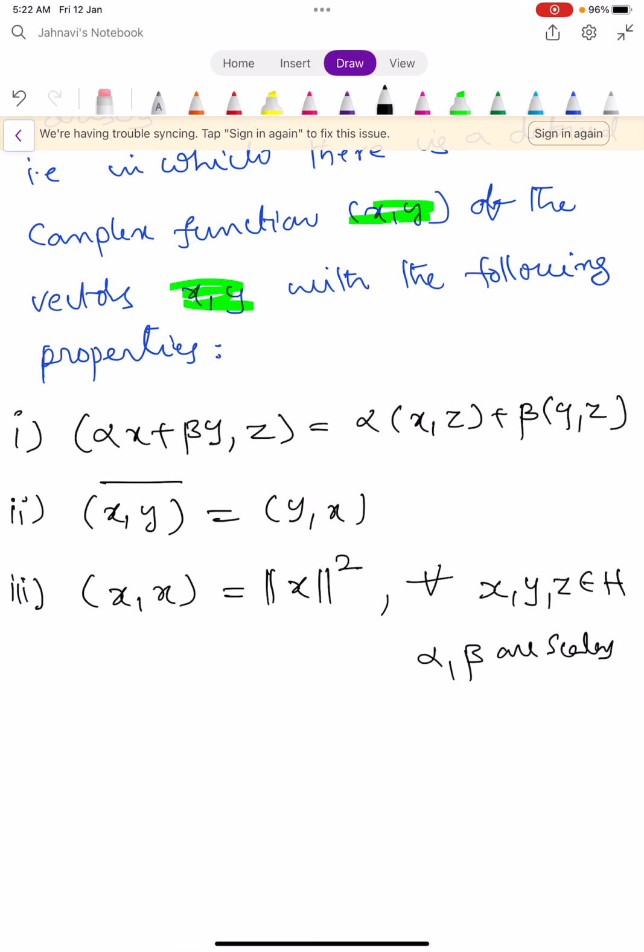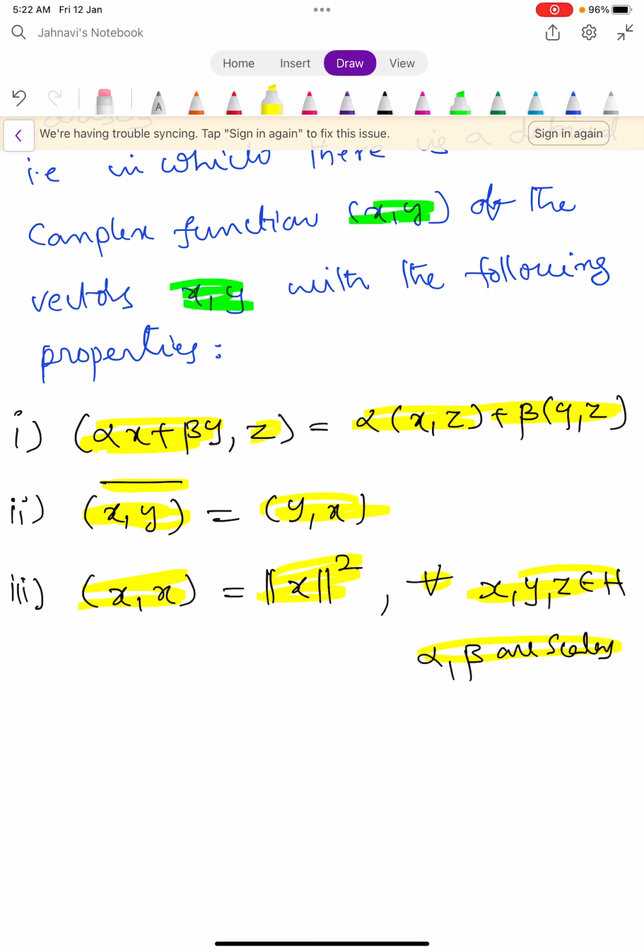The first one: inner product of alpha x plus beta y comma z is equal to alpha into inner product of x comma z plus beta into inner product of y comma z. Inner product of x comma y whole bar is equal to inner product of y comma x. Inner product of x comma x is equal to norm x square, for all x comma y comma z belonging to H, where alpha comma beta are scalars.